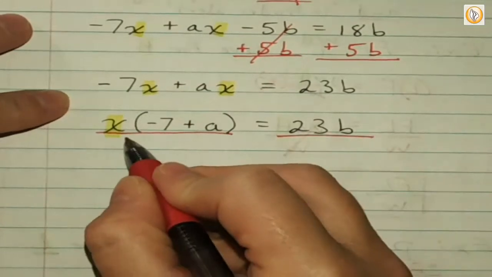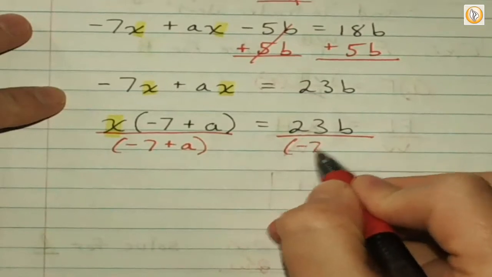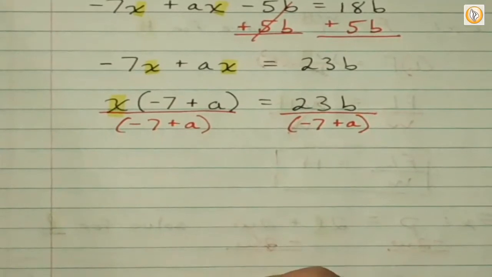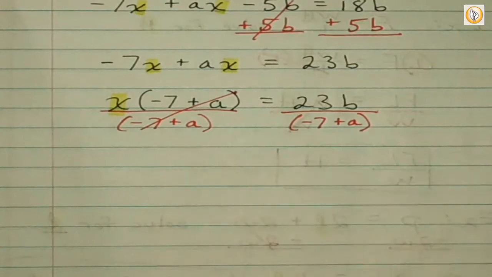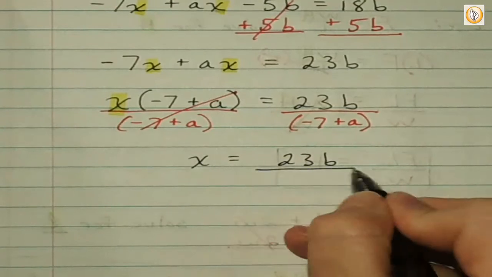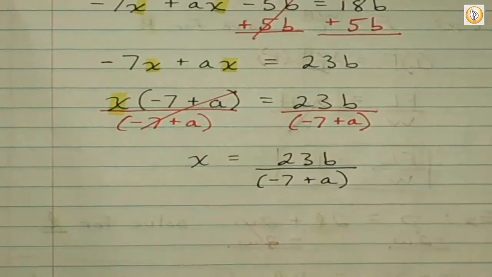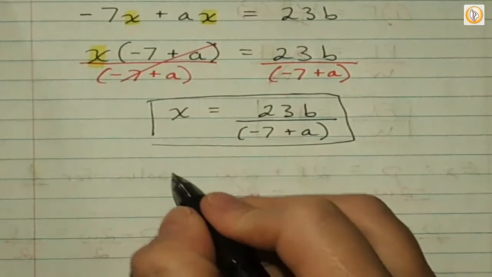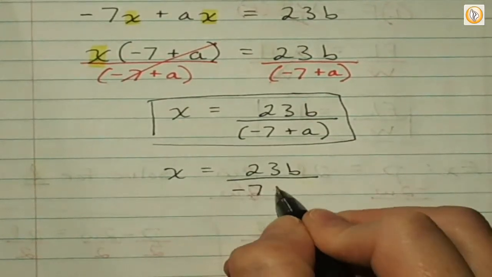I'm dividing both sides by that whole parenthesis. This is where your notes come in handy. That crosses out, and your answer is x equals 23b over, and you can keep in parentheses, it doesn't matter, negative 7 plus a. You can also write it as x equals 23b divided by negative 7 plus a.